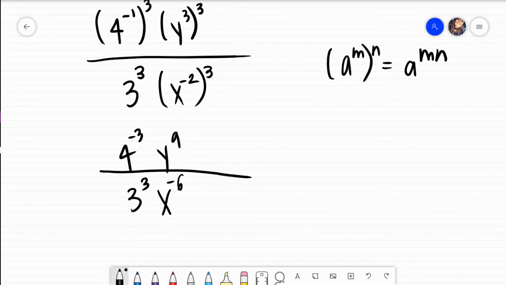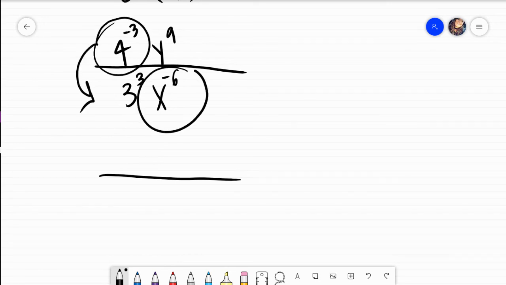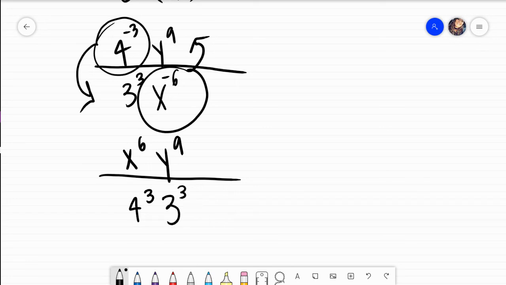Across the fraction bar, this comes down and this goes up, and the signs on the exponents change. X to the 6th, y to the 9th. Those are different, you can't combine them or apply any rule to them. And in the denominator, we have 4 to the 3rd and 3 to the 3rd. That's how this problem ends up getting so big.